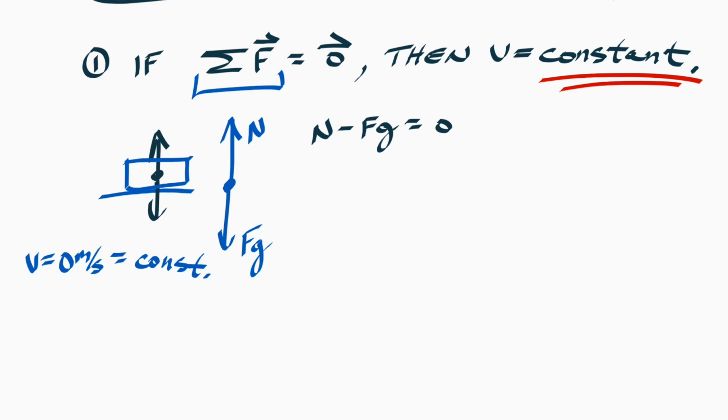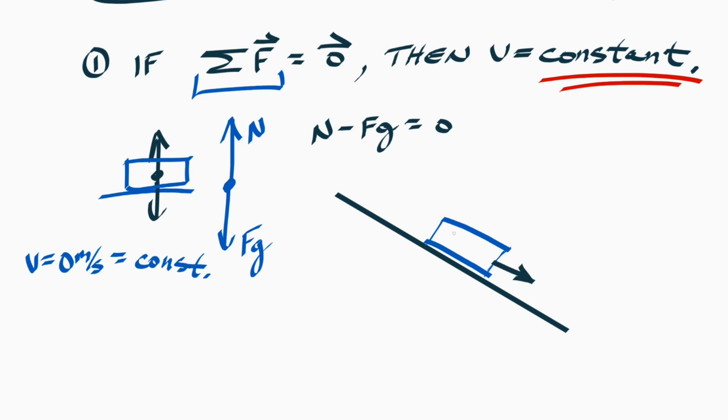Similarly, let's look at this example. This one is less trivial than the box sitting on the table. Let's do a ramp, and a box on the ramp. The box is sliding down the ramp. We know that there's some component due to gravity that's causing it to slide down the ramp.